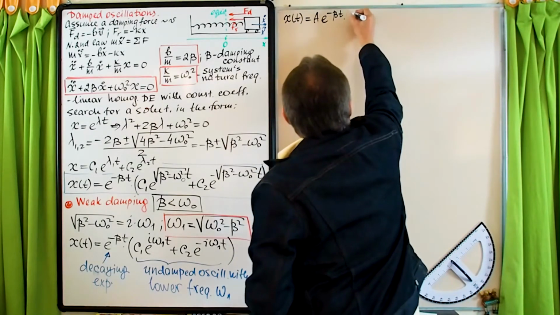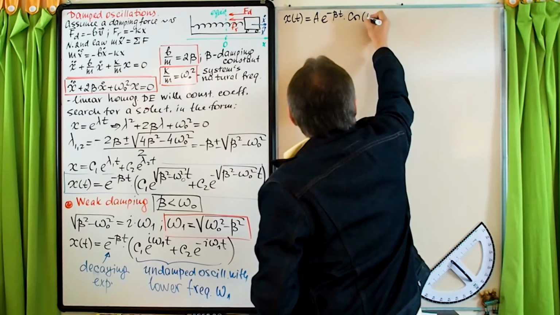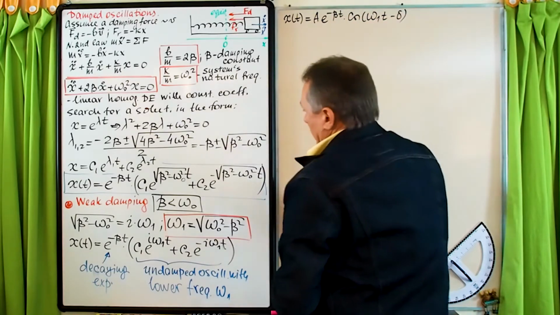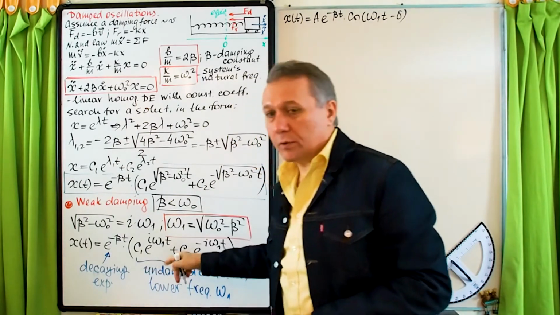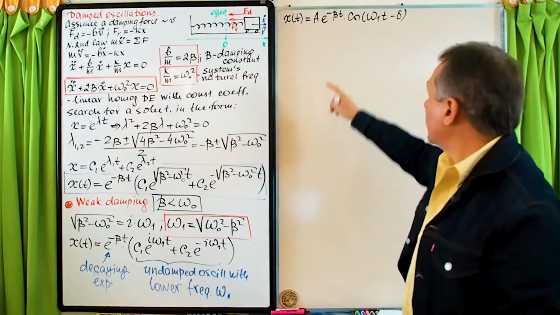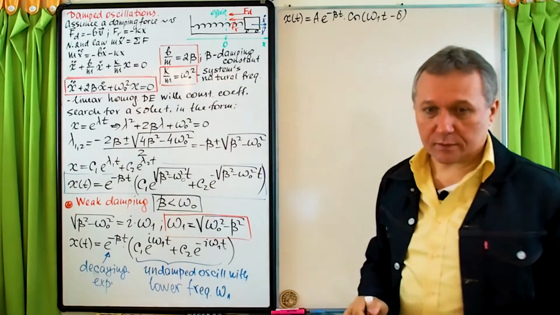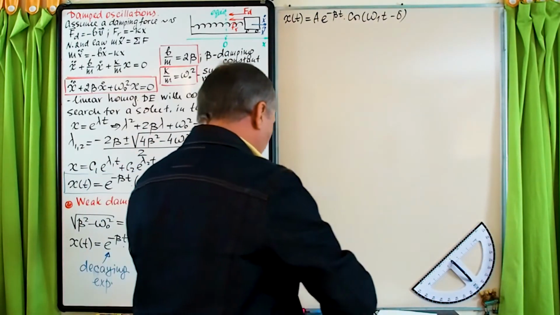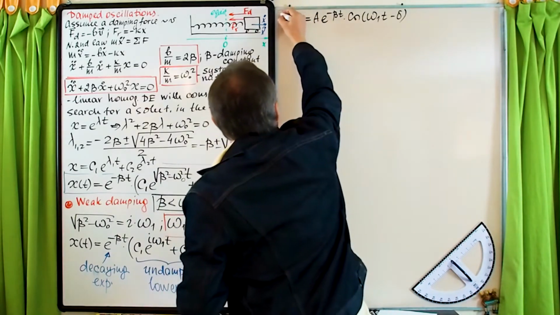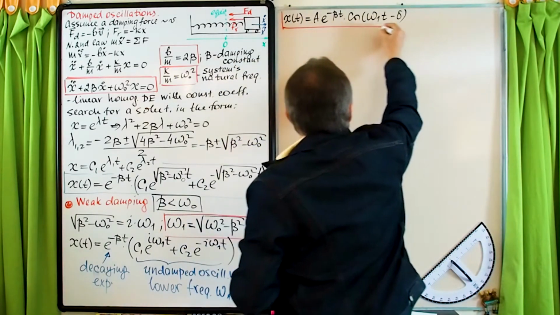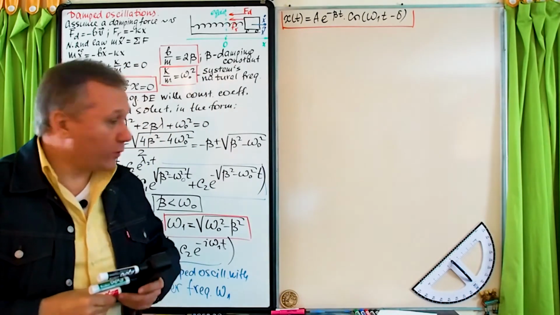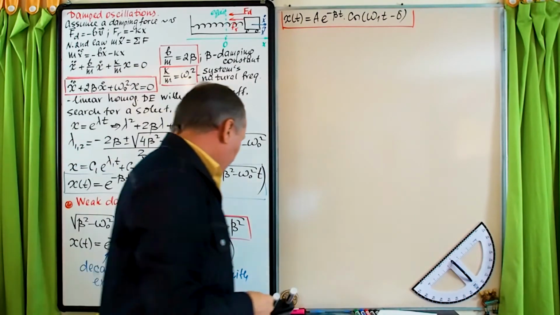Times cosine of omega 1 t minus delta. So now instead of C1 and C2 as constants of integration, we have A and delta as constants of integration. You remember that. So that's the form of the solution which is used quite often, more often even than this, right?